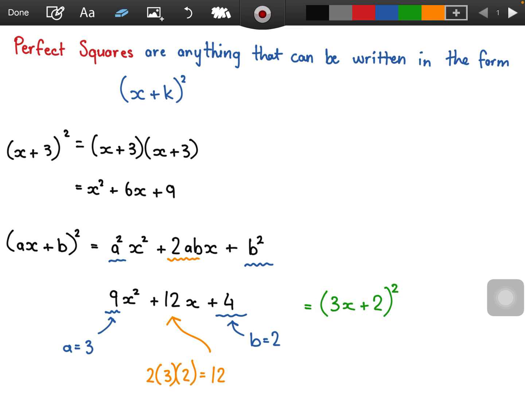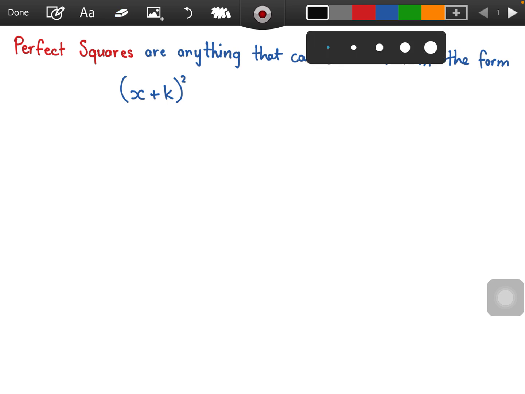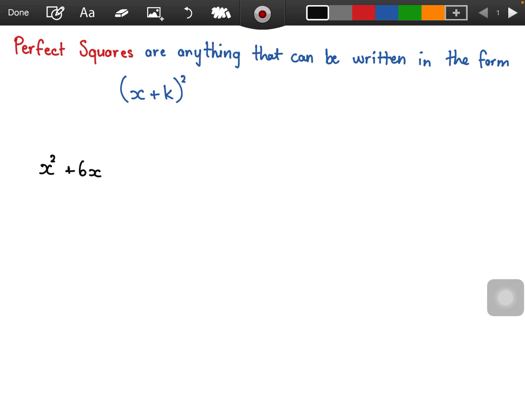Now that isn't always the case. So how can we figure out how to write things as perfect squares? Let's take a simple example, so I'm going to rub out all this. Let's say x squared + 6x + 9.